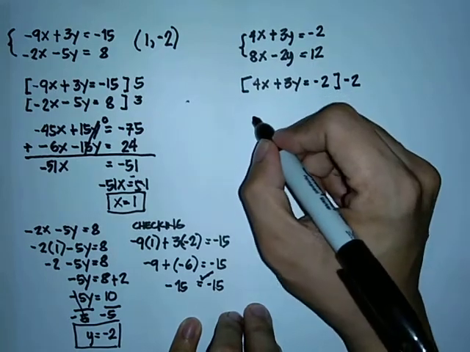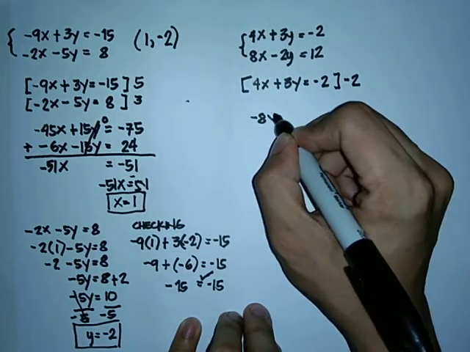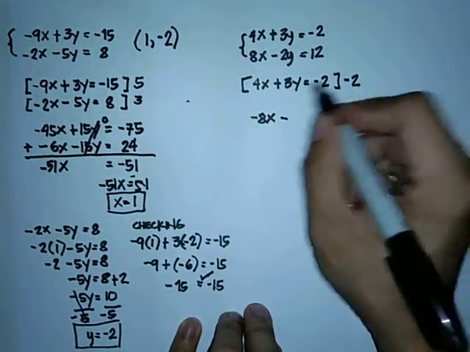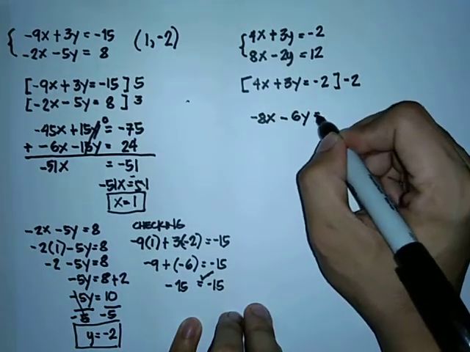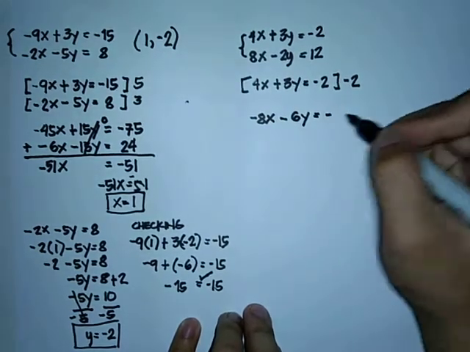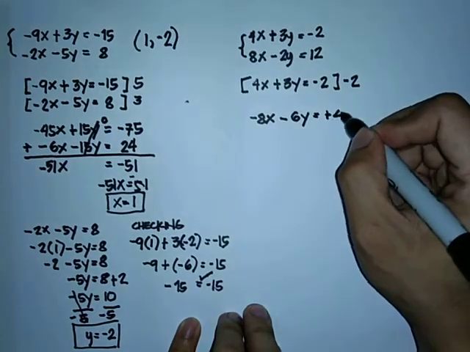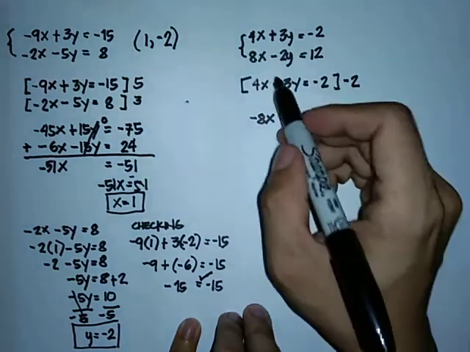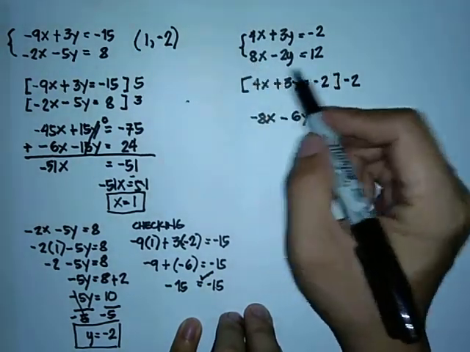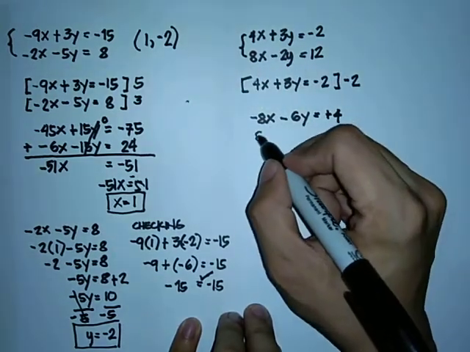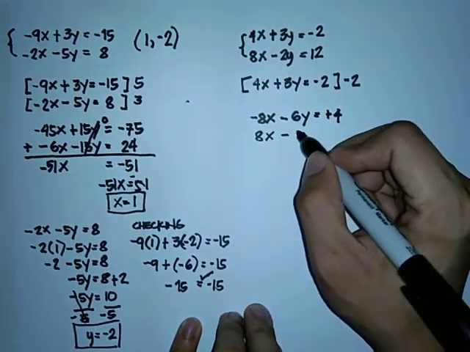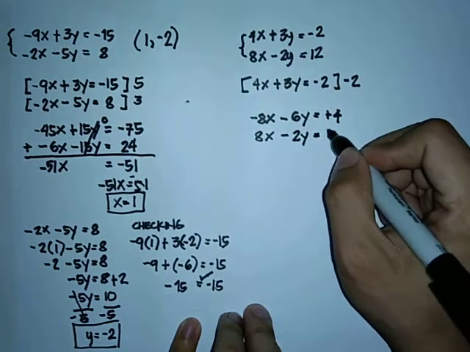So we will have negative 8x minus 6y is equal to, that is going to be positive 4. And then I will just copy yung ating second equation. So we will have 8x minus 2y is equal to 12.